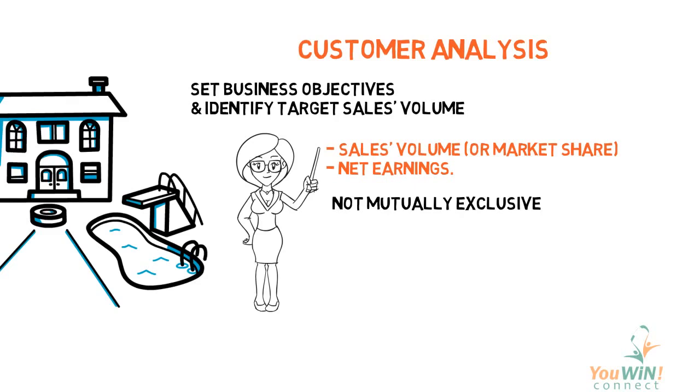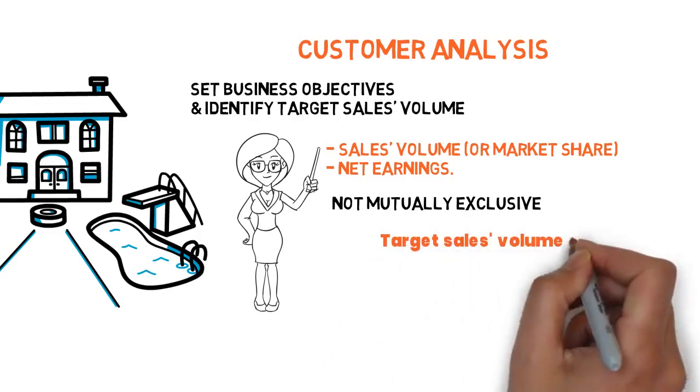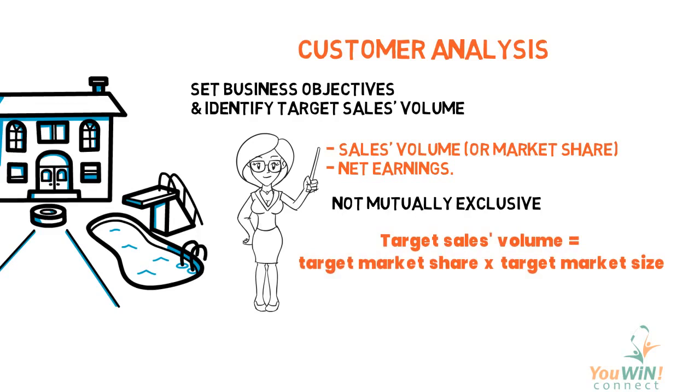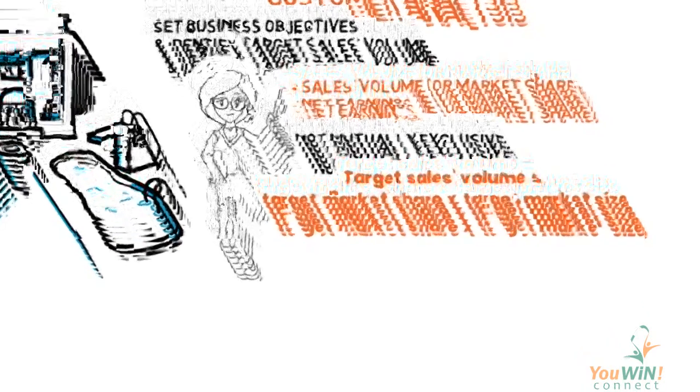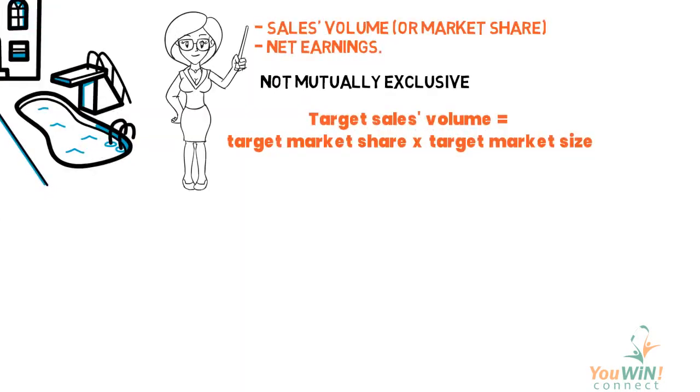If there is no other way to increase profits, this plan should then be considered unfeasible. So to calculate the target sales volume, you multiply the target market share with the target market size. All of these are estimates which help us to determine the revenues that accrue to the organization.